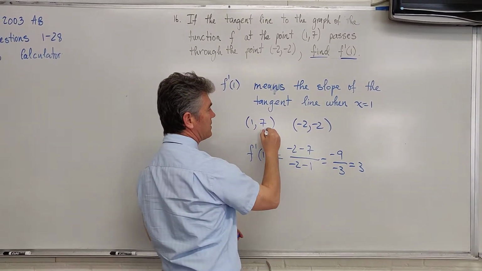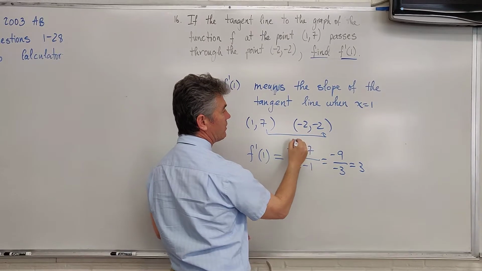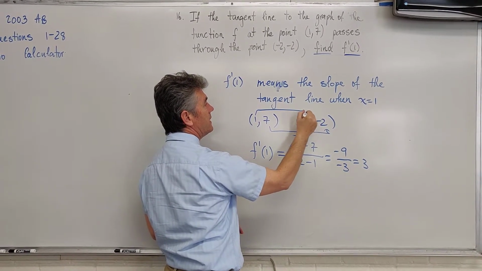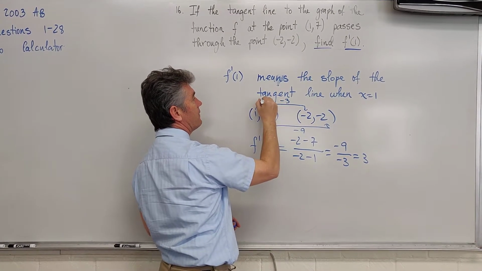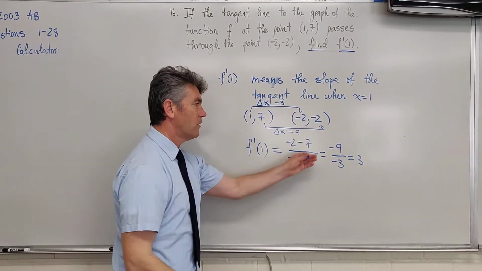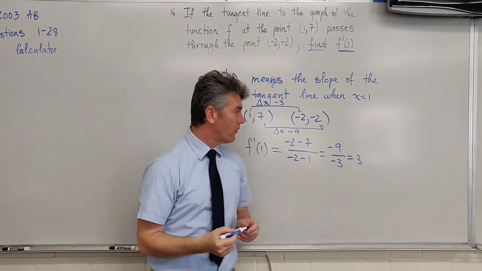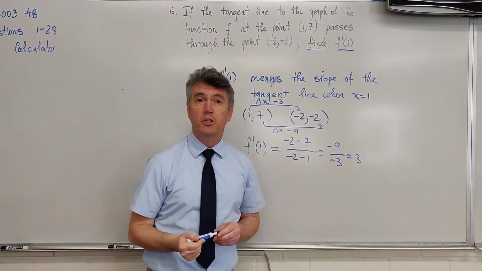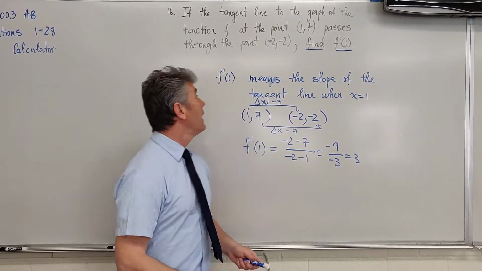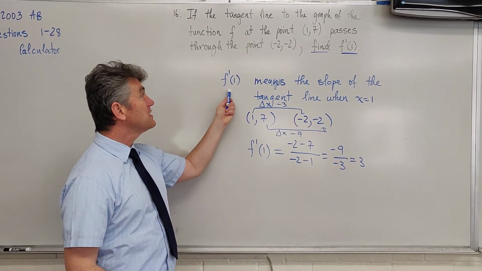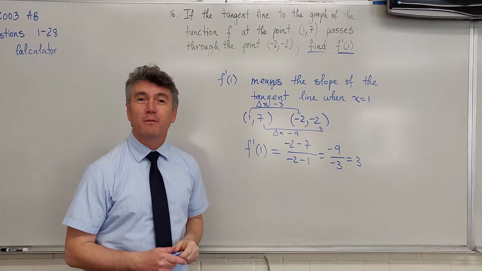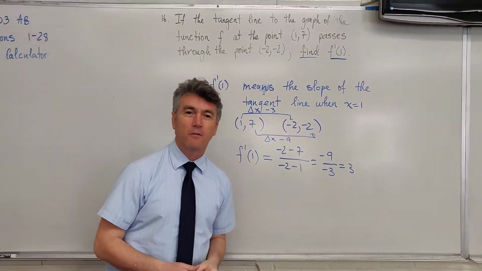Better yet, you can just look and see the change in y is -9, the change in x is -3, and so the slope is -9 over -3, or 3. Is there more to this question? No, that's all this question asks you to do. So, if you know what f prime of 1 means, the question is actually an Algebra 1 question. If you don't know what it means, then you can't do the question.